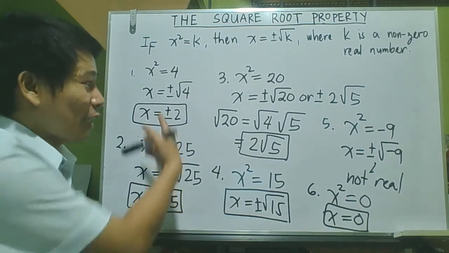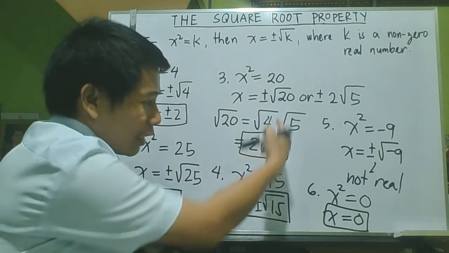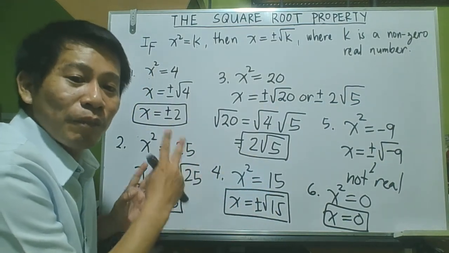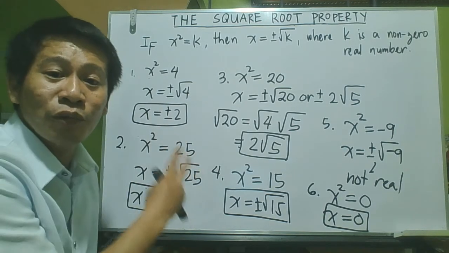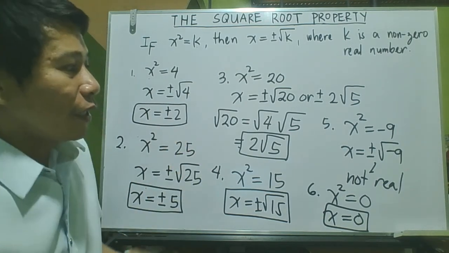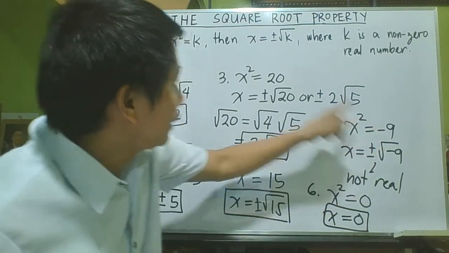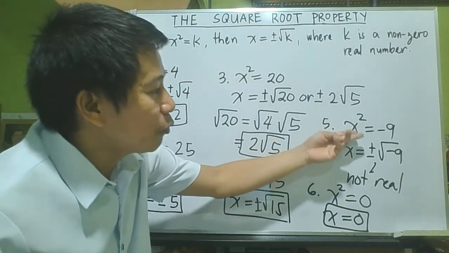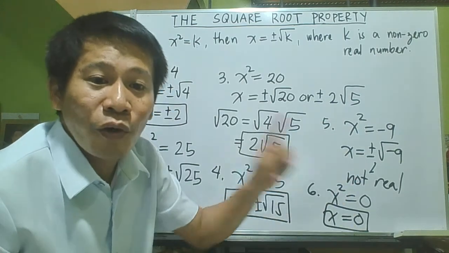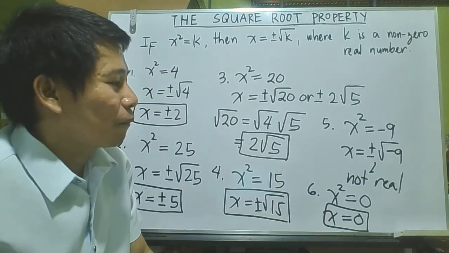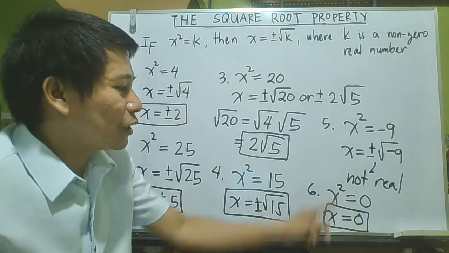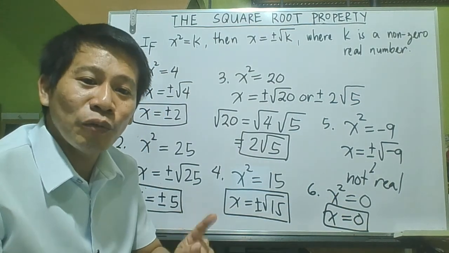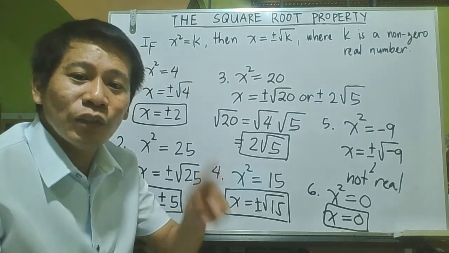Maybe the roots are rational numbers or irrational numbers, but still it has two real roots. And if our k is negative or less than 0, our equation has no real roots. And lastly, if k is 0, our equation has only one solution.